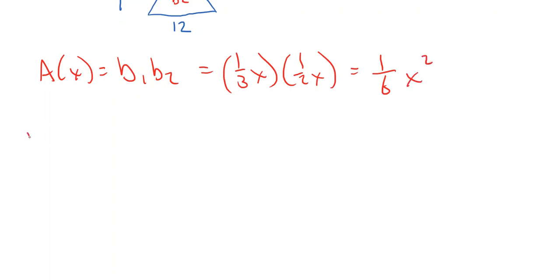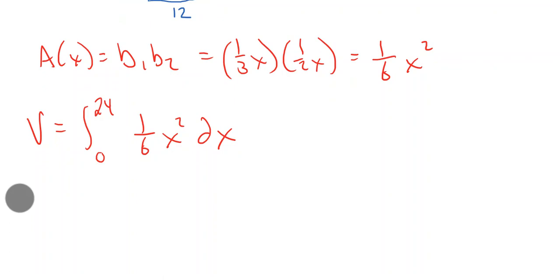And then our integral for volume is the integral from a to b, which would be from 0 to the height, which is 24, of A sub x, which is 1/6 x squared dx. And there is our integral. All we need to do to finish the problem is integrate that.